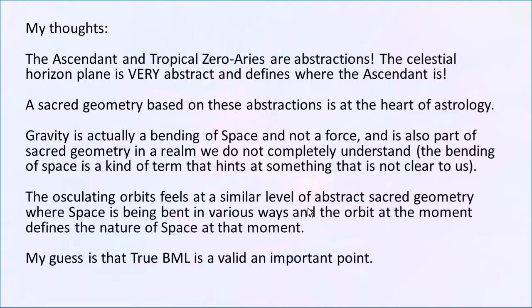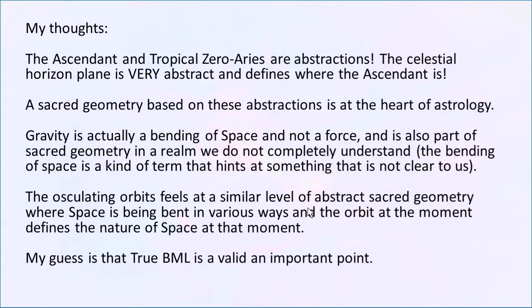Well, I'm not saying there's no validity to that, but I do say we do not want to make everything visual. Absolutely not. If you do that, get rid of the ascendant. Get rid of zero Aries. Get rid of all kinds of things that we rely on. So astrology is based on sacred geometry, these forms that you can calculate mathematically, but don't actually exist in a tangible way.